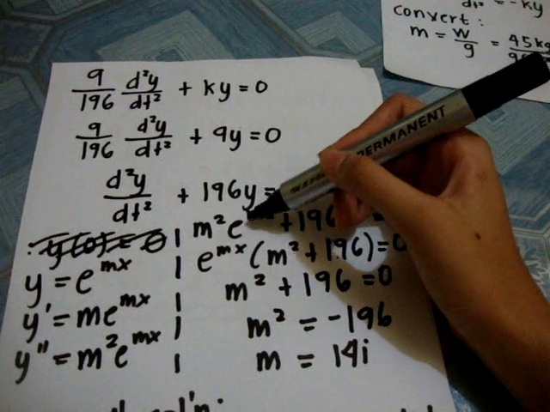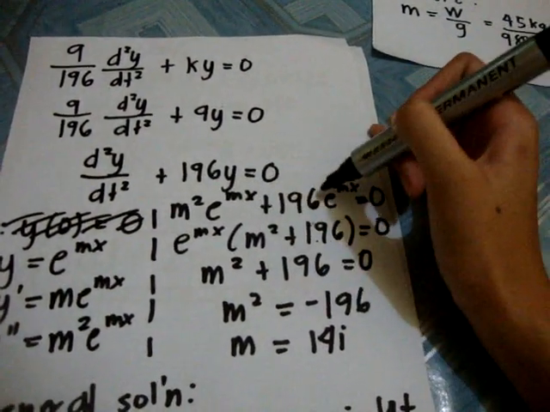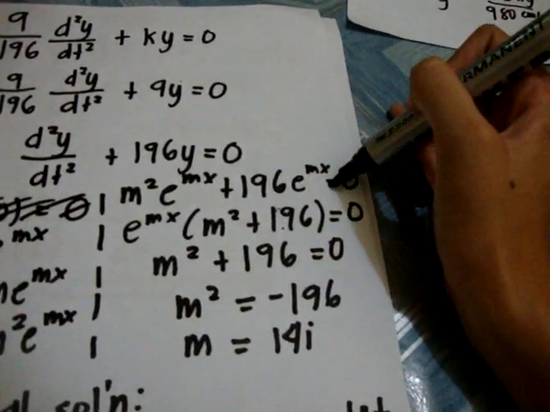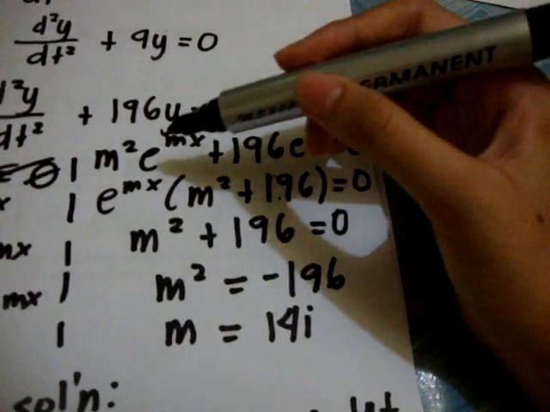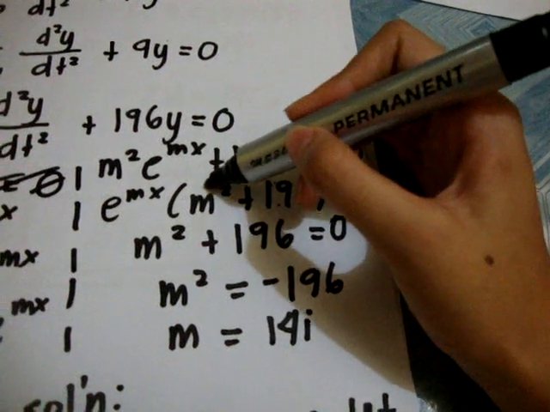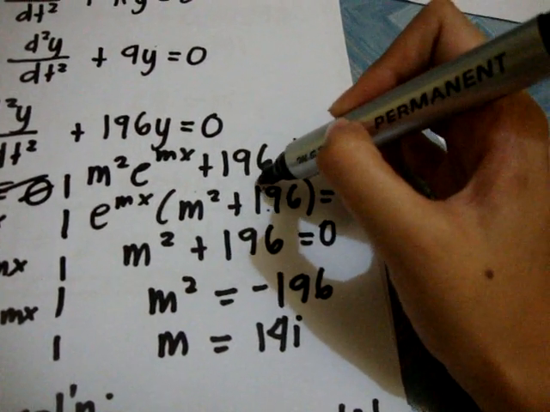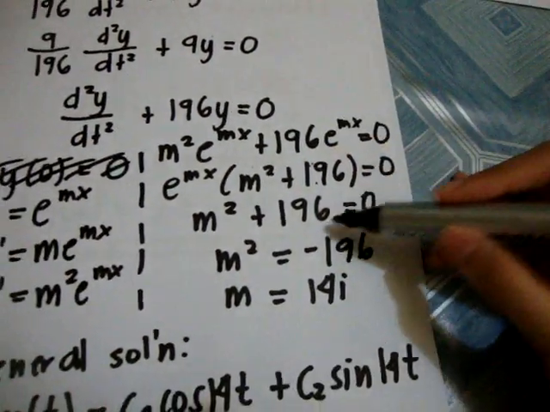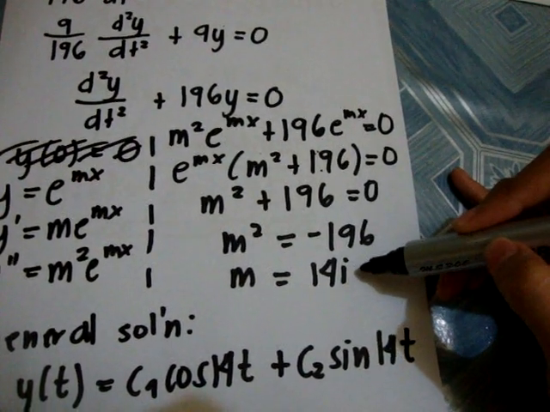So we have m squared e raised to mt plus 196 e raised to mt is equal to 0. There are no solutions where e raised to mt is equal to 0, so we take m squared plus 196 is equal to 0. So we can have our roots, which is m is equal to plus or minus 14i.